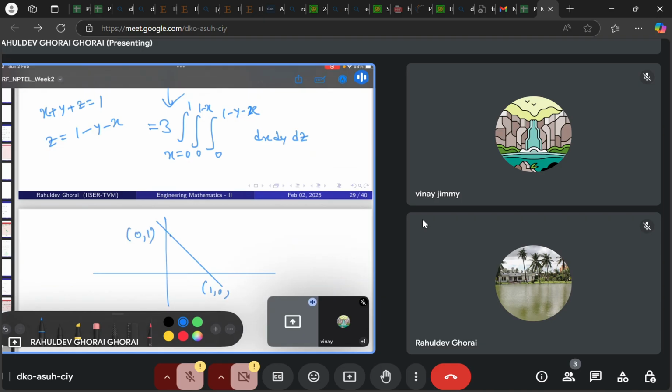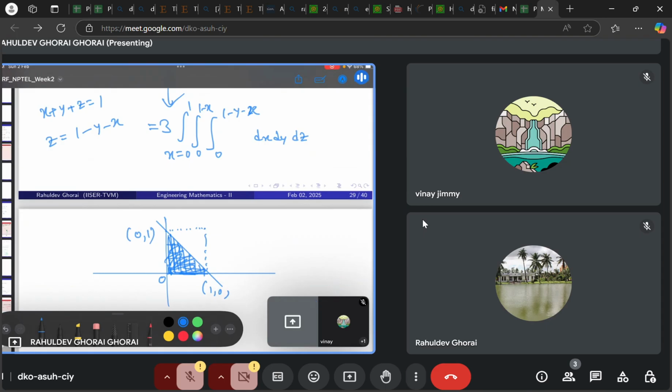To calculate volume, you need to know how to integrate over this region. X varies from 0 to 1, and y will not vary from 0 to 1. If y also varied from 0 to 1, that would give the full square.